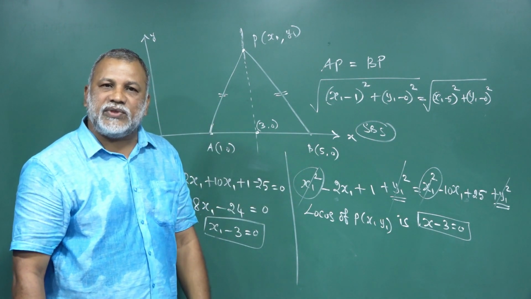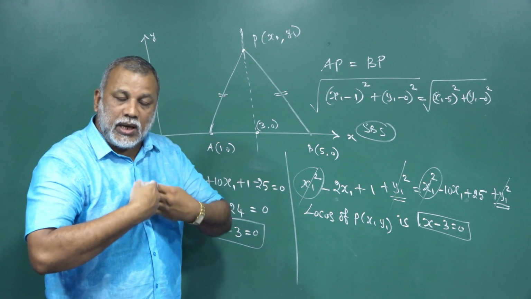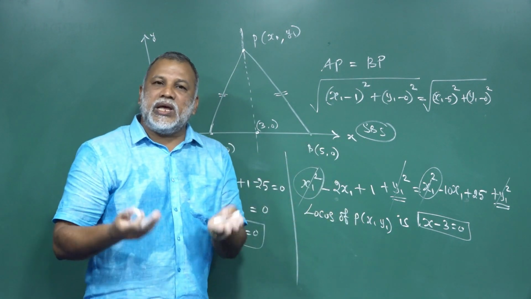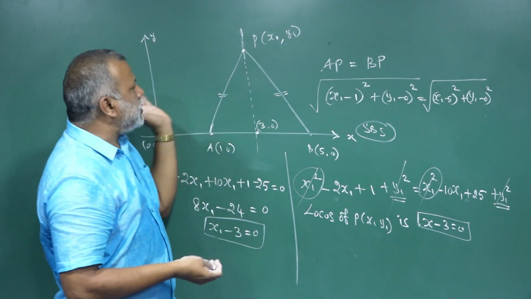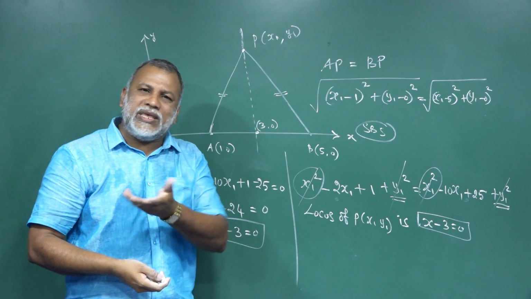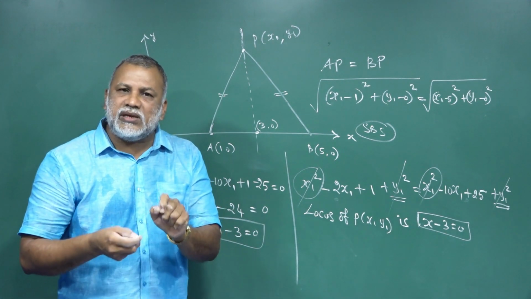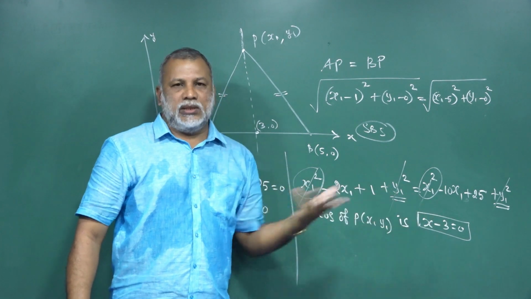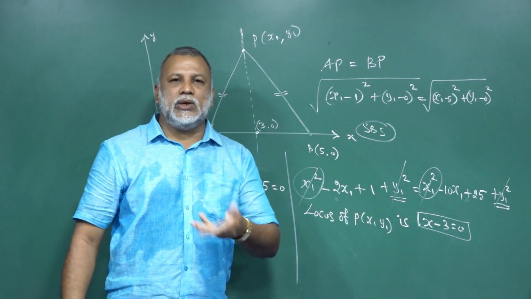You must know the name of this locus: it is the perpendicular bisector. You can also say it is parallel to the y-axis. For any line parallel to the y-axis, the equation is x equal to a constant, like x equal to 3, that means x equal to k or x equal to c.